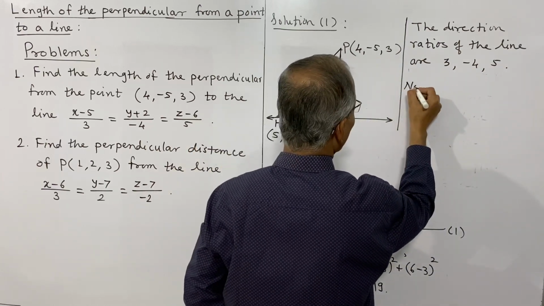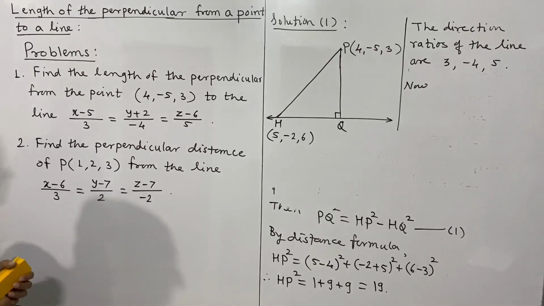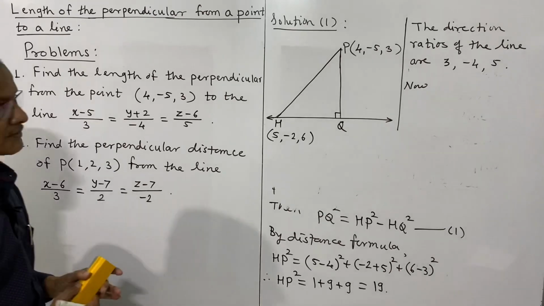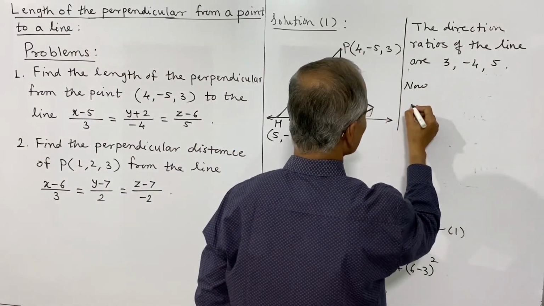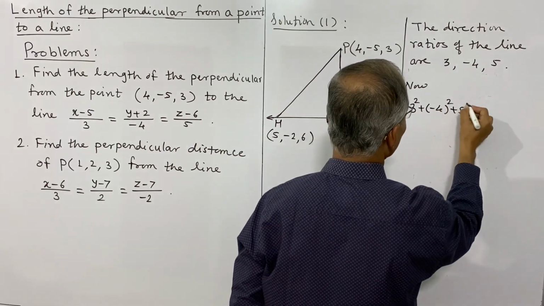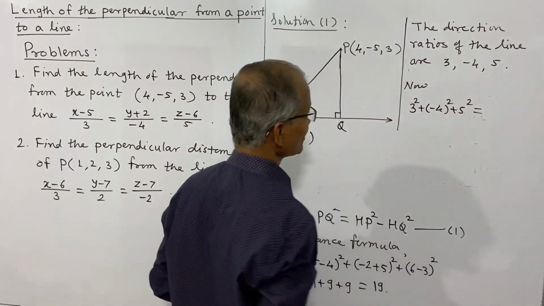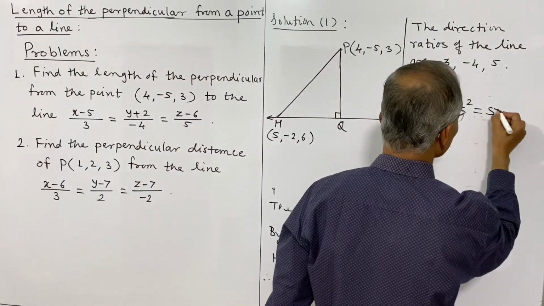To get the direction cosines from the direction ratios we divide each direction ratio by the square root of the sum of squares of these DRs. So 3 square plus (-4) square plus 5 square is 9 plus 16, that is 25, plus 25, which is 50.